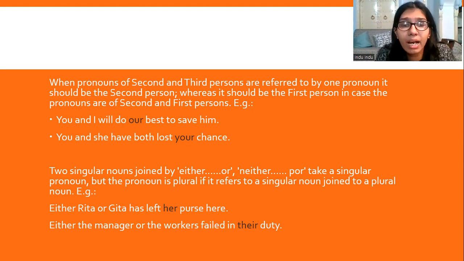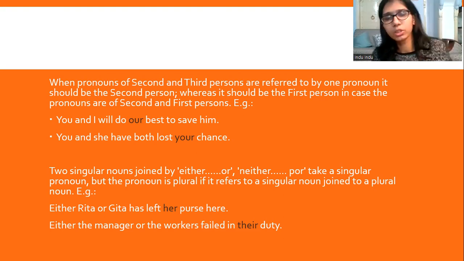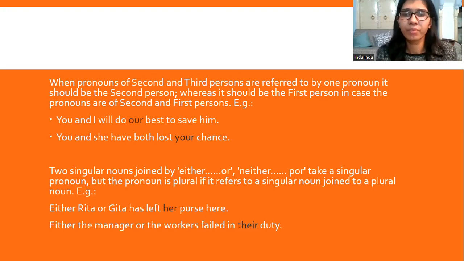Now, if we have a singular noun joined to a plural noun, like either the manager or the workers failed in their duty, we have a plural pronoun here, right?